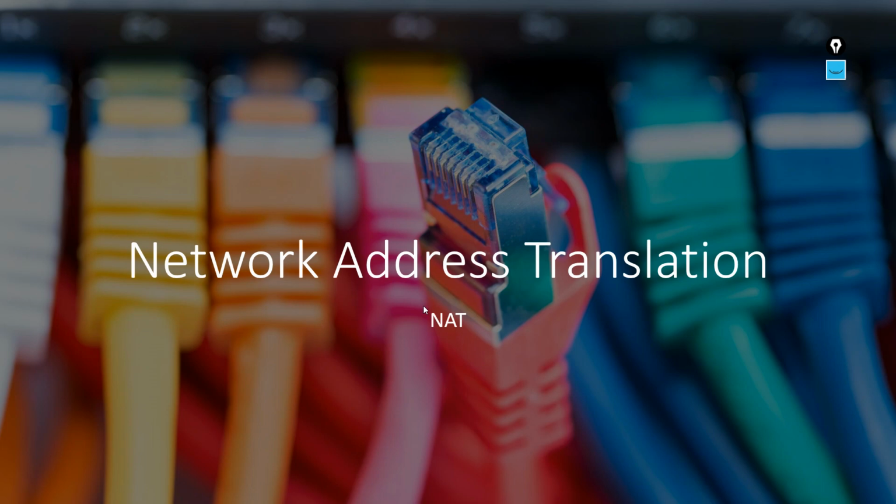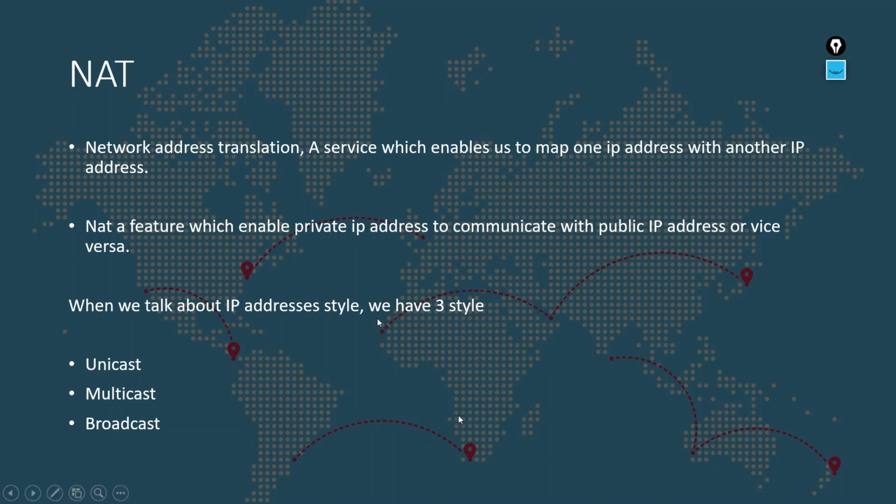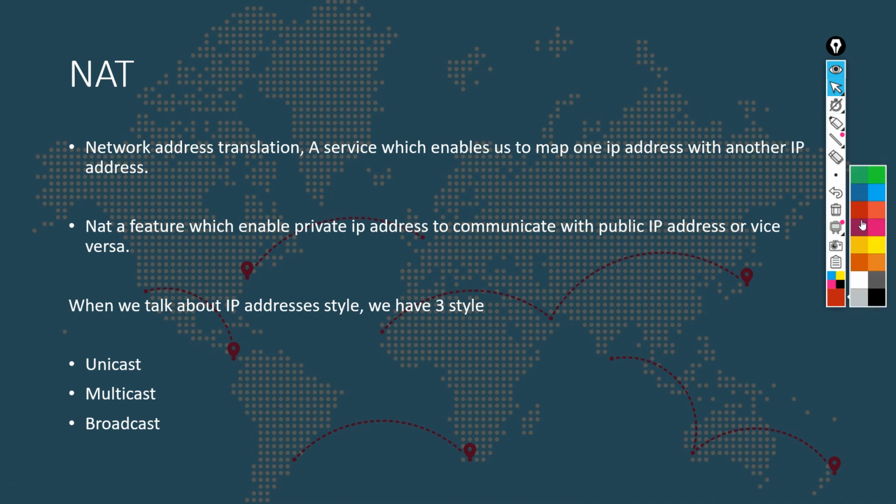Okay, let me start. For that we need to understand IP addressing first. I believe you are all aware of IP addressing, so I'm not going to discuss the octet and the bits and bytes. I'm just going to give you a small example.